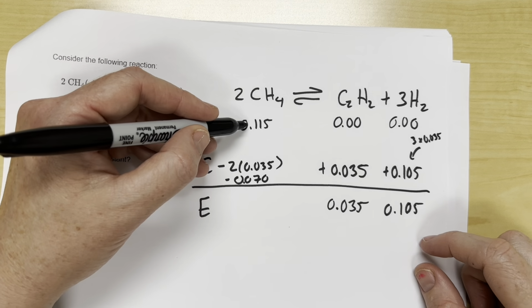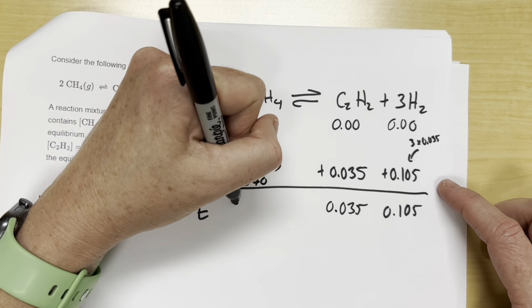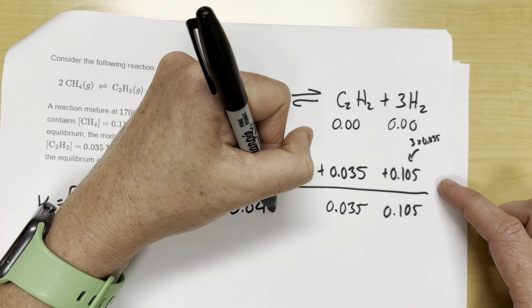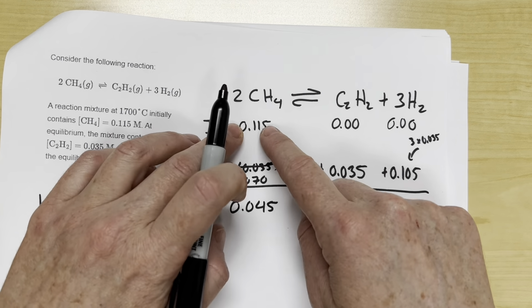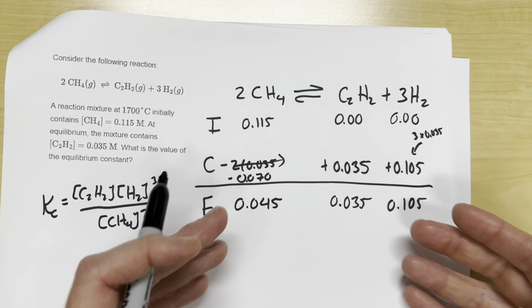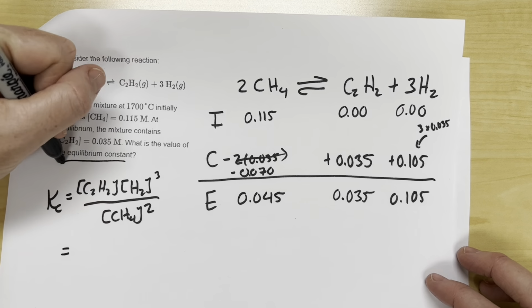So if we have the 0.115 minus this 0.070, we get 0.045. So it's pretty cool that we only started with this, and we were able to figure all of the rest of it out. Let's go ahead and plug it in because it asks for the value of the equilibrium constant.